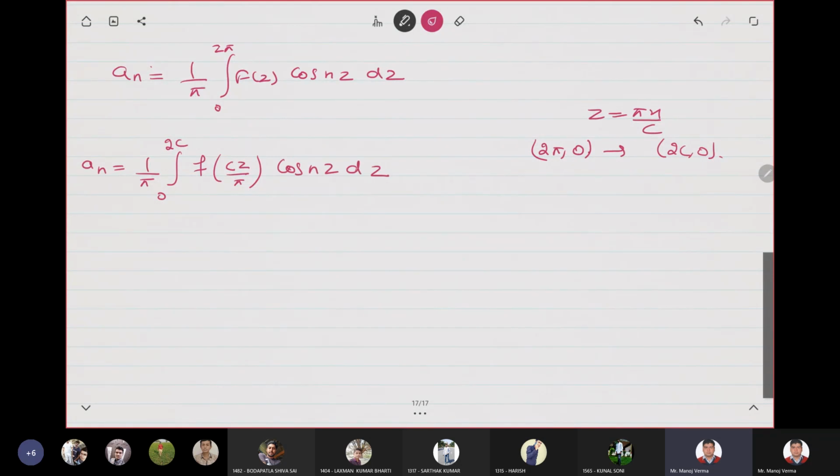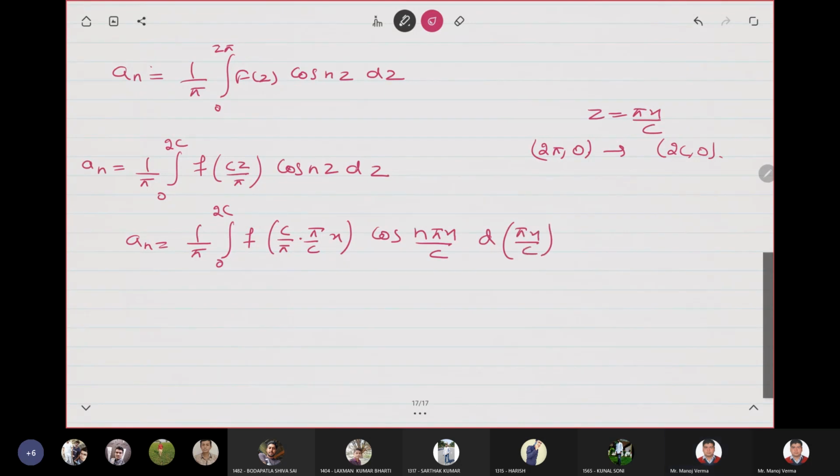If I insert all the values of z, I will get an is equal to 1 over pi, 0 to 2c, f of cz by pi, times pi by c, and cos n pi x by c instead of cos nz, similarly d of pi x by c.